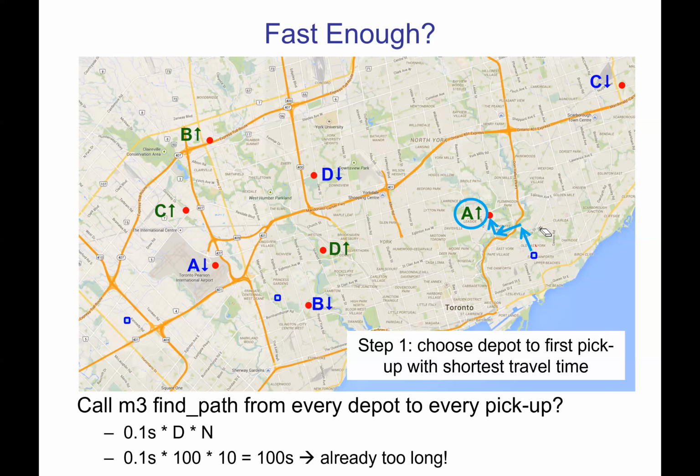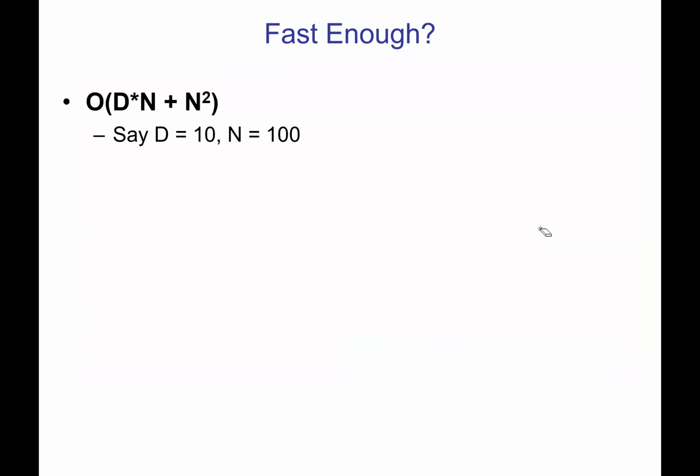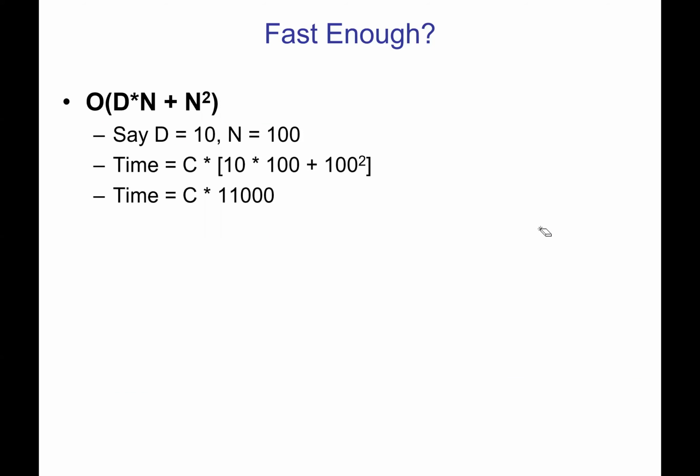Okay. Yeah, so this is a good idea. So basically, if we used find path with even the simple algorithm, it's going to take too long to evaluate the choices. So this just basically walks through that. If I used find path on every one of these choices, I just showed you it would take 100 seconds just to do the first decision of which depot and what's the first pickup.